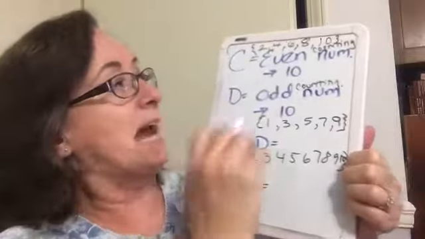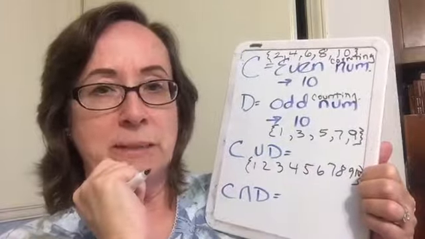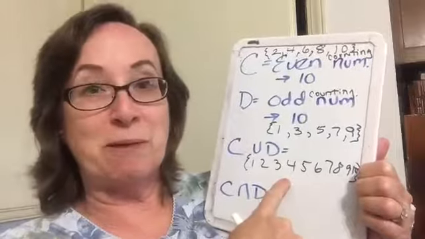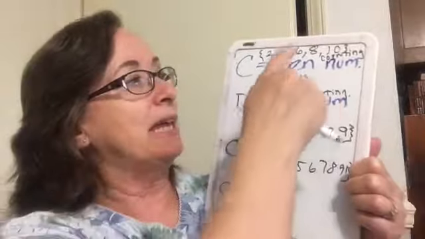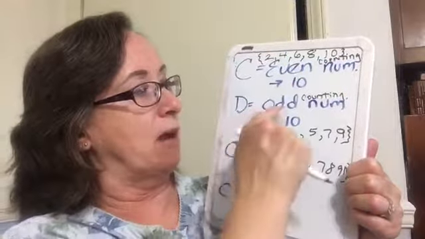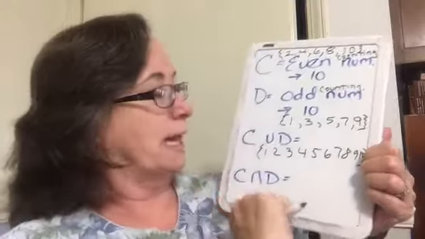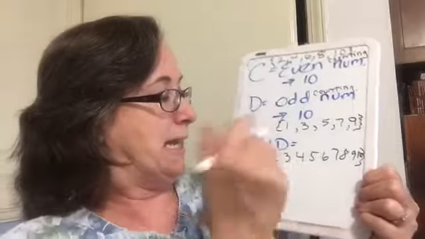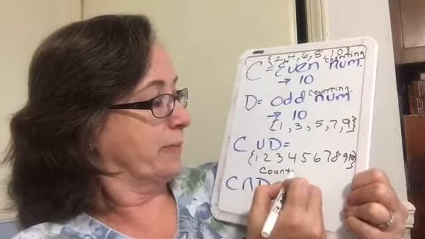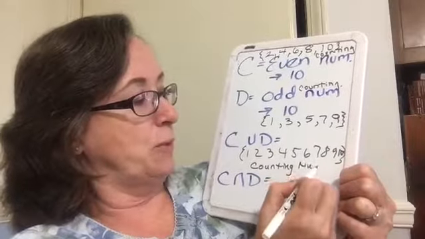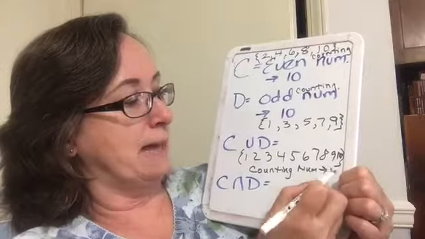Now, since I represented these with words before, is there a way to represent C union D? Instead of saying the even counting numbers and the odd counting numbers, could I say that C union D is simply the counting numbers through 10?